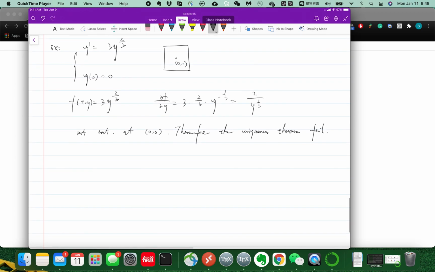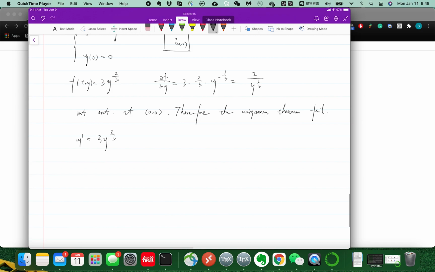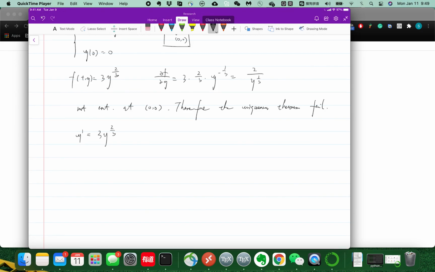Okay? What trouble does it give you? Well, let's solve it. One way you can do it is, this is separable, so you can do y to the negative 2/3 y prime equals 3, and then we can take the integration.